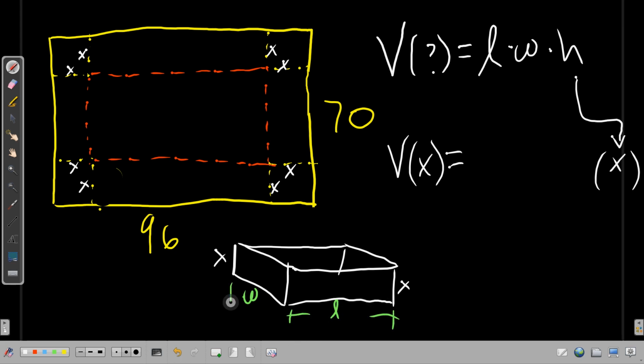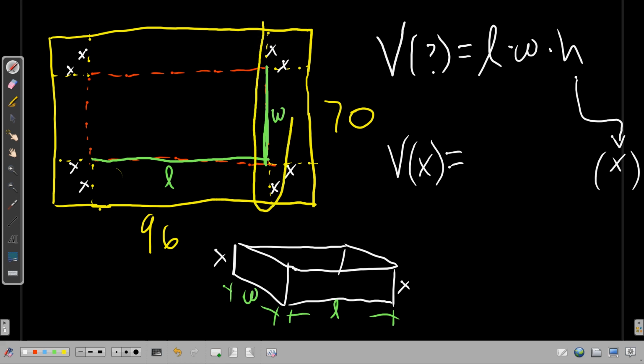And how can I say what the width and the length should measure? Well, if I come back up here, that means that this segment is the width, and this segment is the length. So the width is going to be 70 minus the two x's.